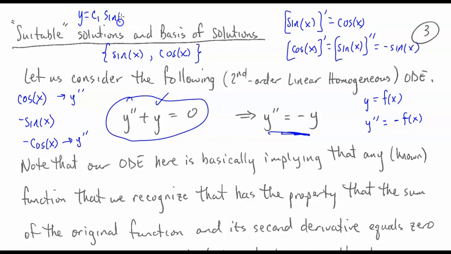So let's say if I do this, this should be cosine, by the way. If I do this, doesn't matter what C1 and C2 are. If I take the second derivative of this and then stick it into this differential equation, it will still work, okay? And so in a nutshell, that's really what we're talking about here, okay? Whenever we talk about suitable solutions, basis of solutions, and trying to find a general solution from all of that, okay?